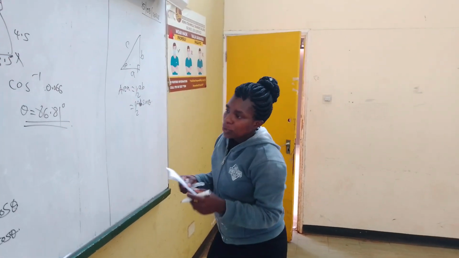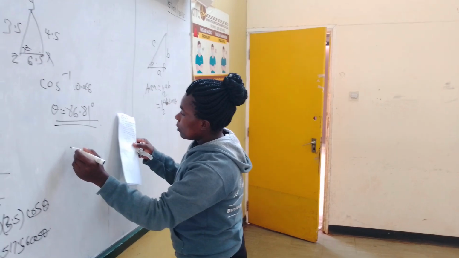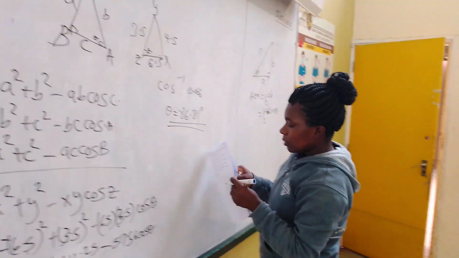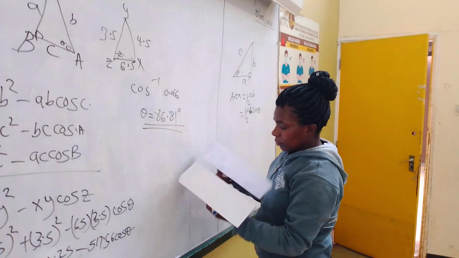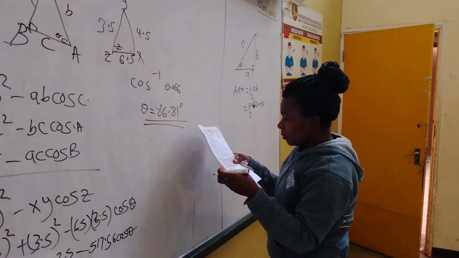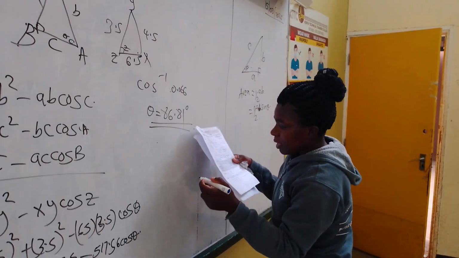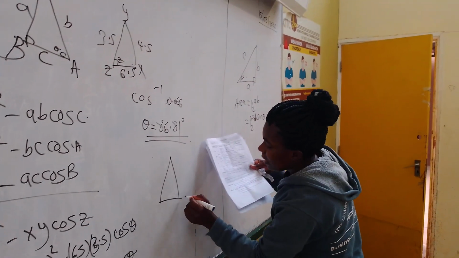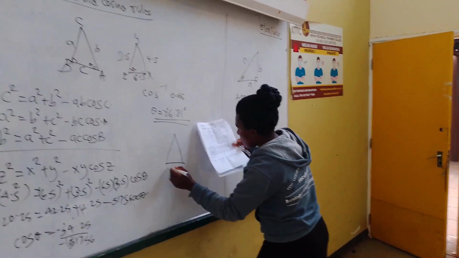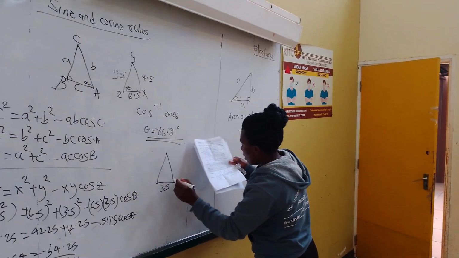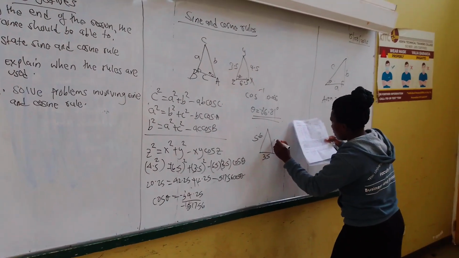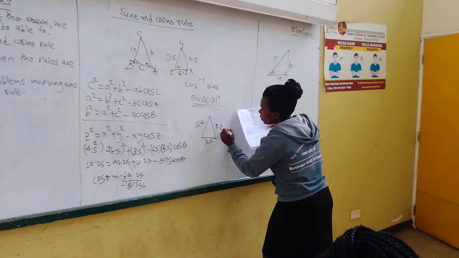You can do this one in groups. Calculate the angle given that this side is 3.5, this one is 5.6, this one is 9.2.